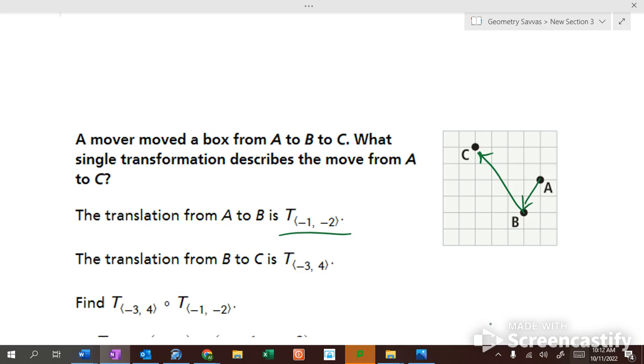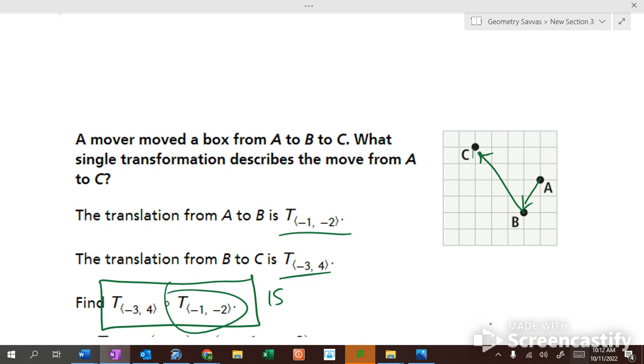Then when he translates it from B to C, he's going to translate it -3, 3 to the left, and 4 up. Okay? When you write the composition of transformations, this is first, this is second. So you're first going to go 1 back, 2 down, then you're going to go 3 back, 4 up.